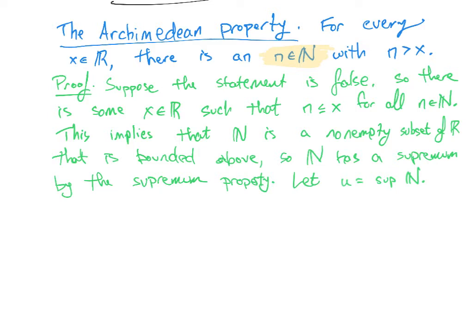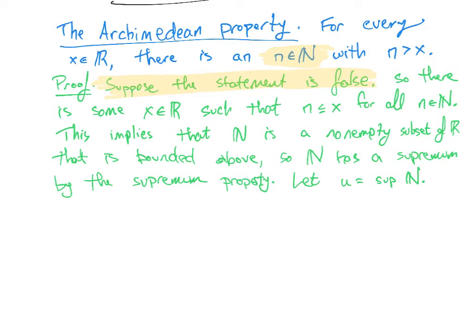We assumed at the beginning that the statement is false, so we want to derive a contradiction. Anyone have any suggestions for the contradiction we're going to derive? We could show that U isn't a supremum. Yes, we do want to show that U is not a supremum. And how would we do that?